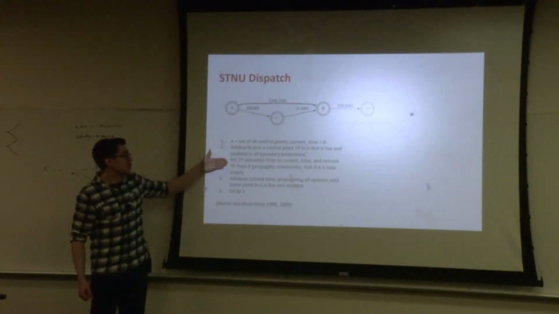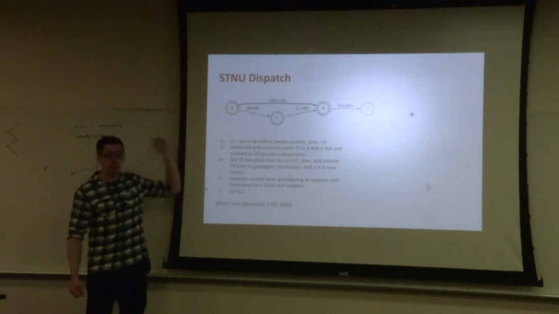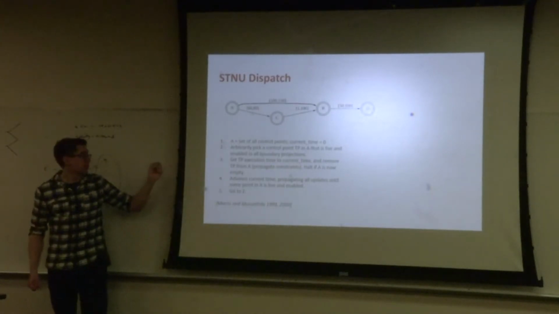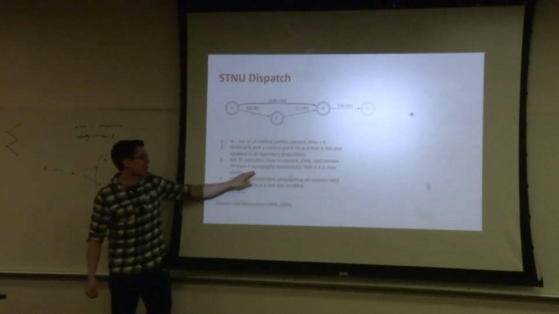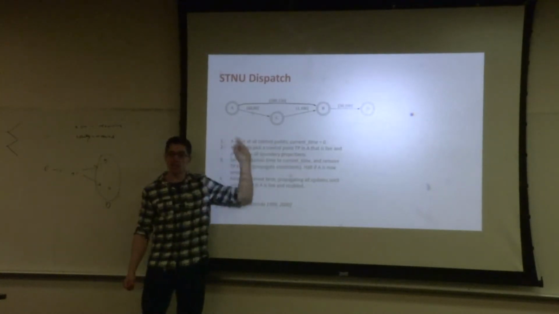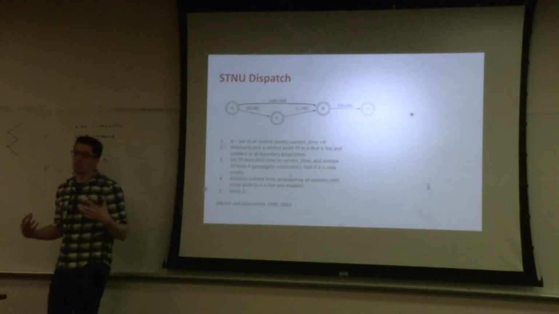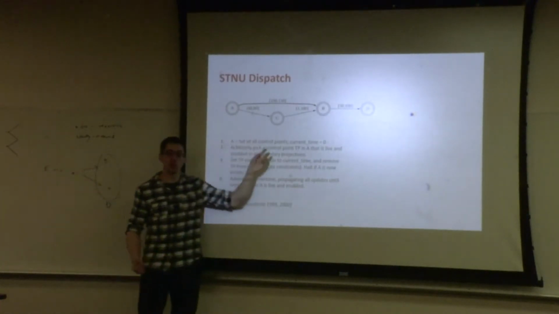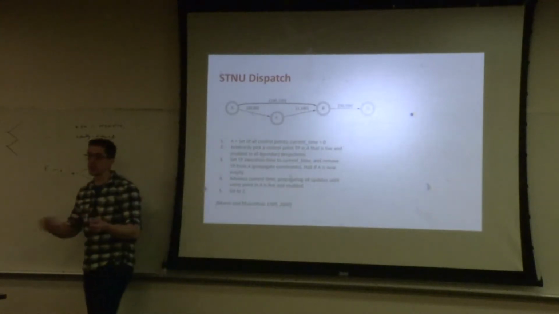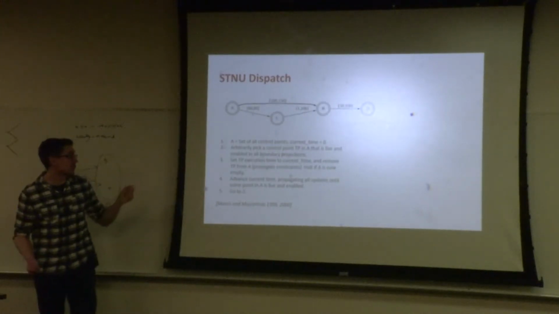Set its execution time to the current time, update all of the edges, and propagate the constraints, and halt if the STN is now empty. That is, there's now a negative cycle, so there is no assignment to the remaining control points which will satisfy all of the contingent links and boundary constraints.